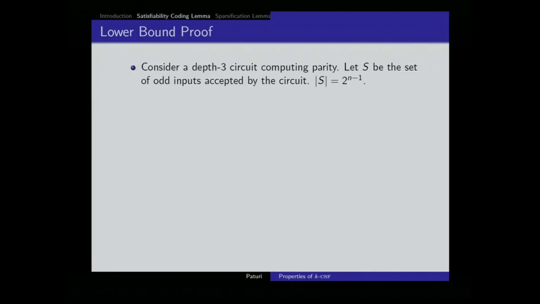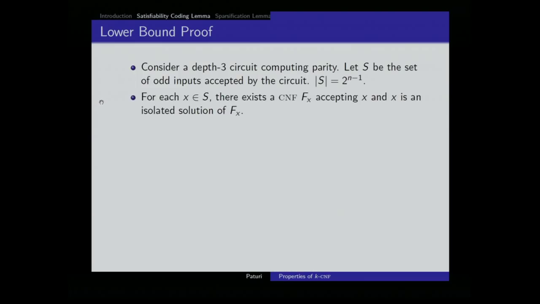So let's make the argument. We have a depth 3 circuit that computes parity. Therefore, it's accepting 2 to the n minus 1 odd inputs while rejecting all other inputs. For each input, there must exist a CNF that accepts it because of the top-down argument.